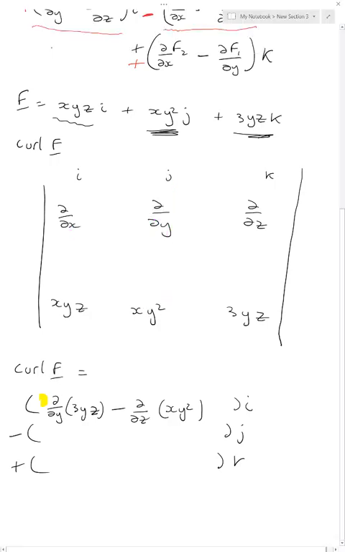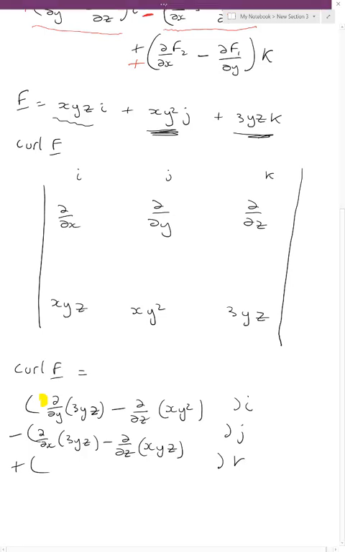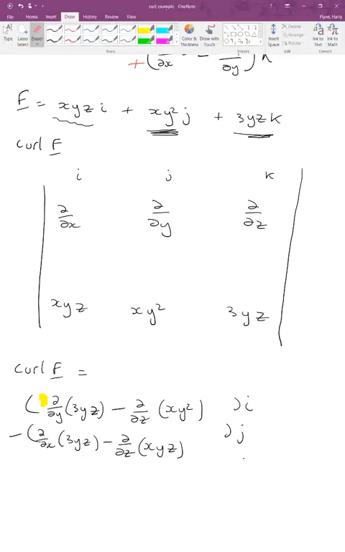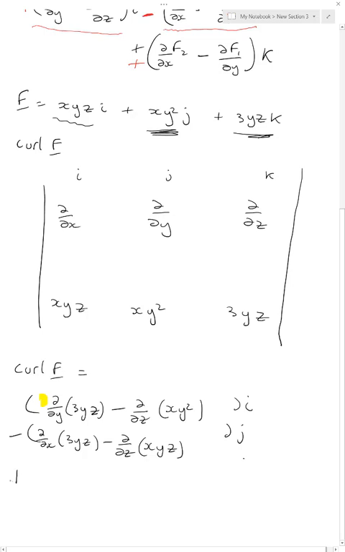Okay, so cover up the j column, we have del/del x of 3yz minus del/del z of xyz. And then finally, we have plus so many k's.